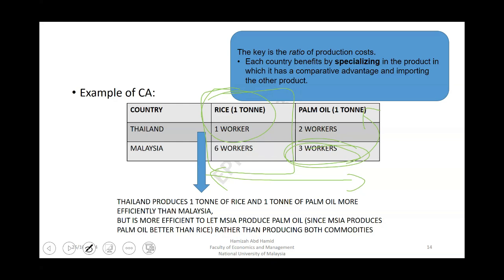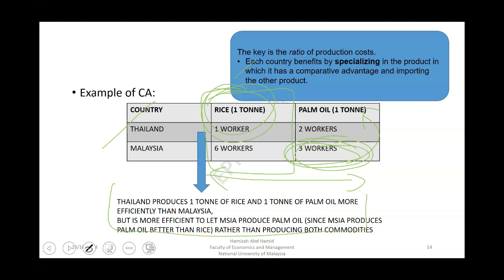In this way, Thailand will save more of its labor by producing what? The commodity that they are specializing in. So, specializing. Each country benefits by specializing in the product in which it has a comparative advantage and importing the other product.